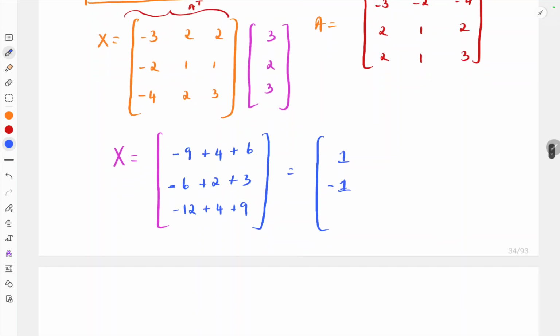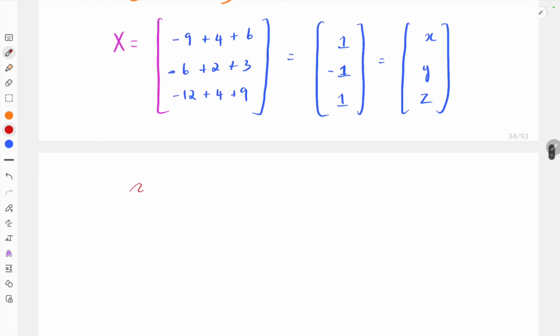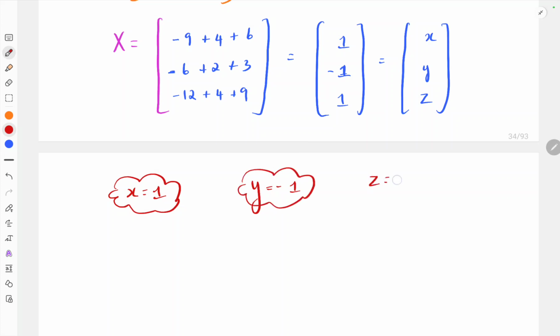Minus 12 plus 4 is minus 8, minus 8 plus 9 is 1. So this is nothing but matrix XYZ. After comparing, X equals 1, Y equals minus 1, and Z equals 1.